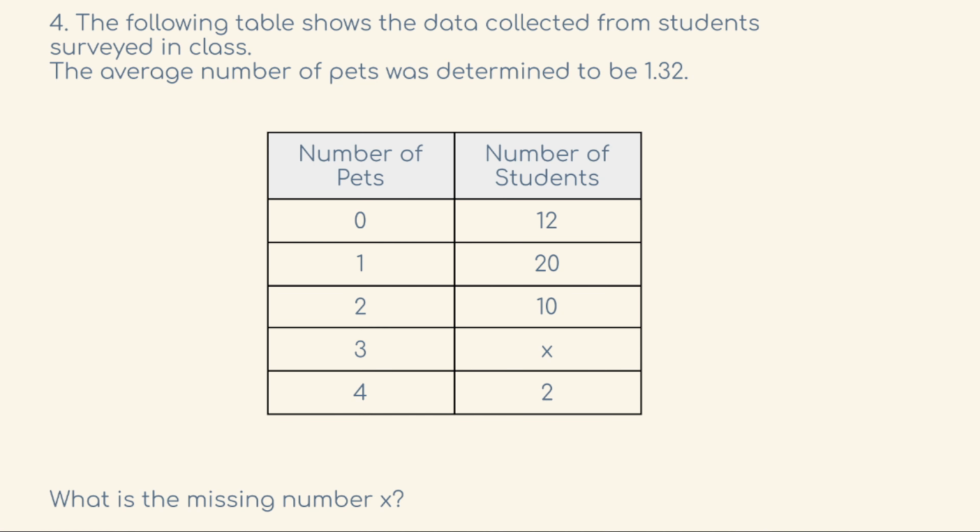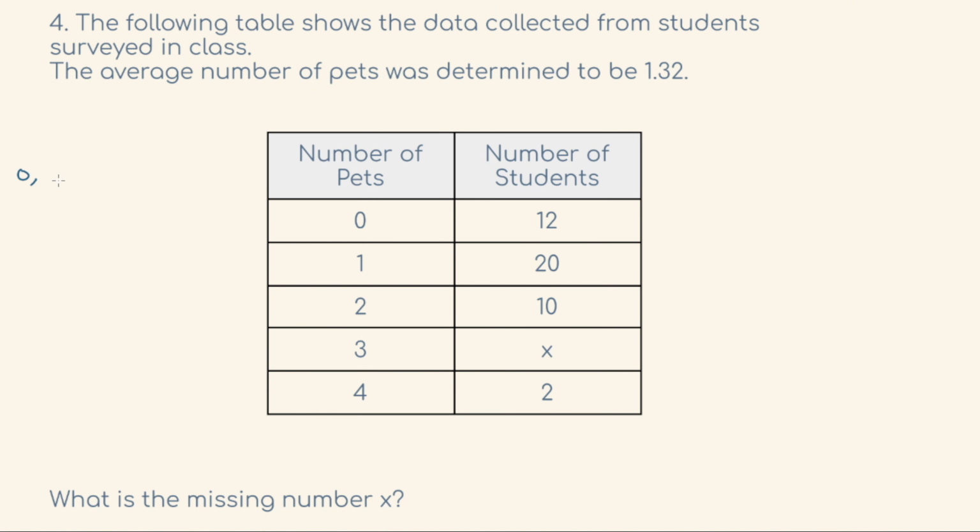The reason why it's in this table format is because we have a lot of data. There's a lot of people that we've asked. And so you might be more comfortable seeing this as a list of data. You can imagine if this was a list of data and we're trying to find the mean. Let's say we asked the first student, how many pets do you have? And he or she says, I have 0 pets.